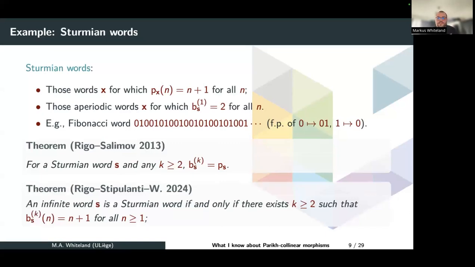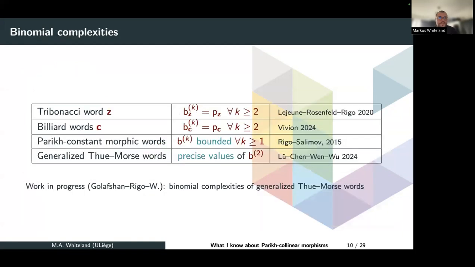And well, this in fact characterizes Sturmian words in the sense that if you have an infinite word for which there exists some k such that the k-binomial complexity function equals n+1 for all n, then you are a Sturmian word. Other binomial complexity functions that are known.